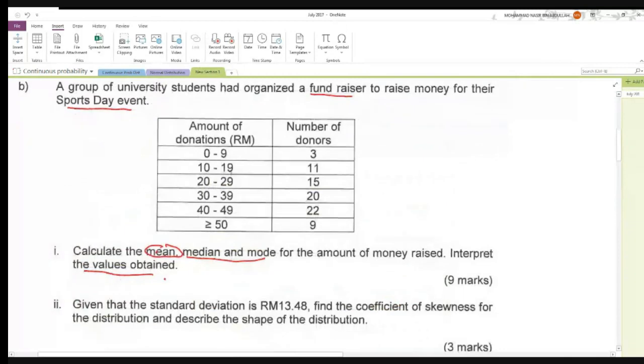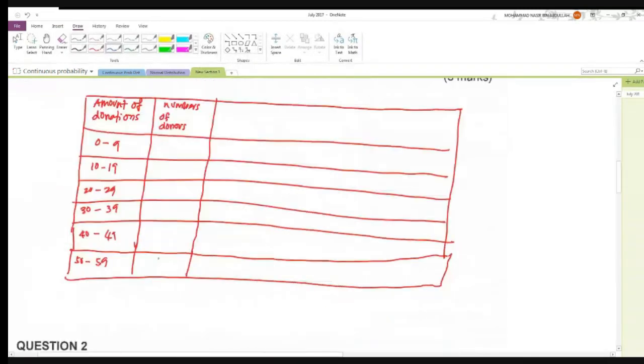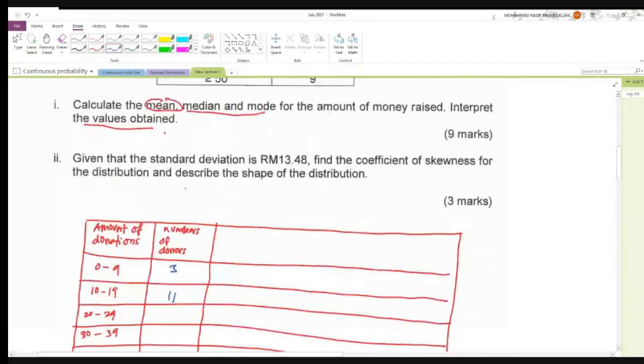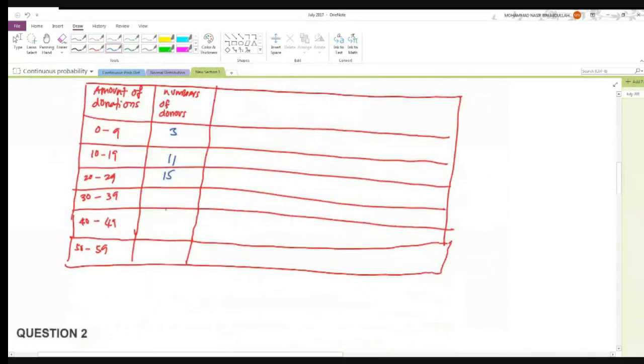And then the number of donors, let's say I use another color. This is 3, 11, 15, and then next is 20, 22, 20, 22, and 9. Next, if we look at the first column, this is not in terms of class boundary. So we create a class boundary.